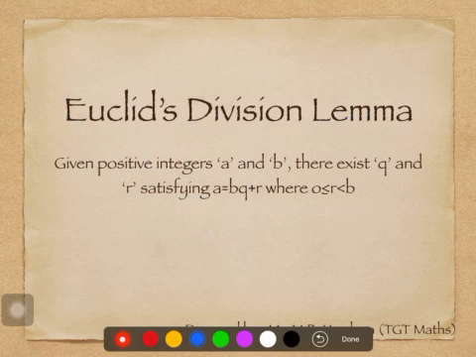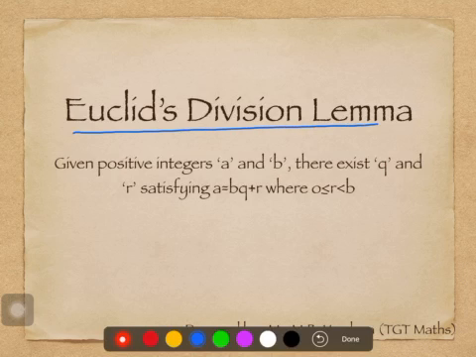Now we go to the definition. Euclid's division lemma: given positive integers a and b, there exist q and r satisfying a equals bq plus r, where 0 is less than or equal to r, and r is less than b.